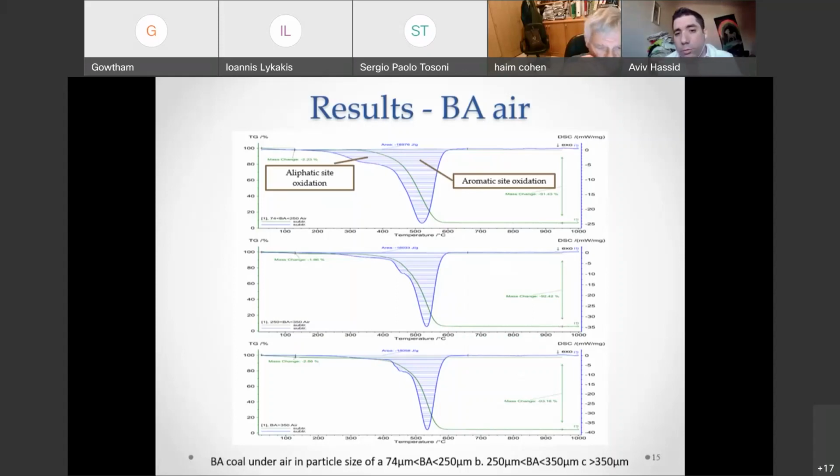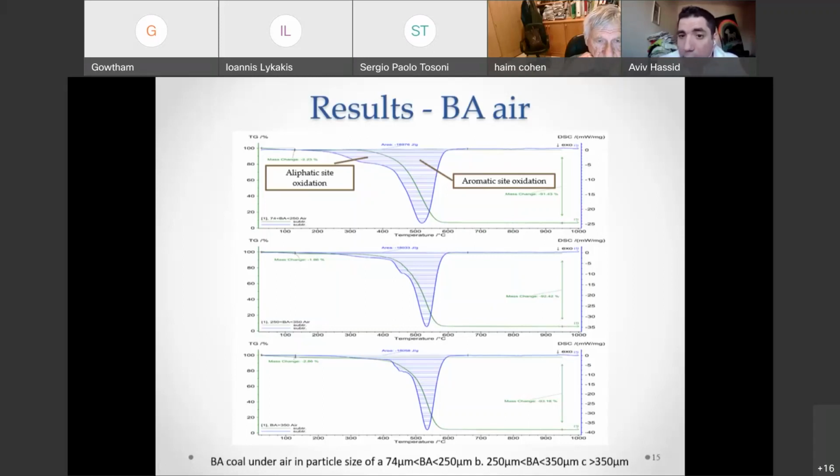And finally, after 800 degrees, or in this case between 600 and 700 degrees, we come to a pretty much stable graph of the TGA, which represents the ash remaining after this process.